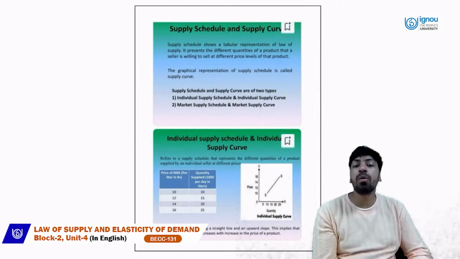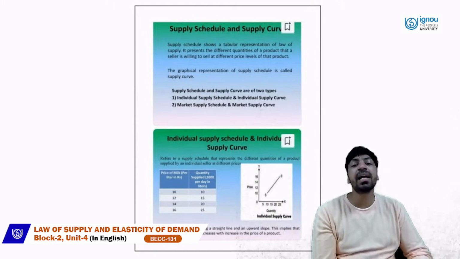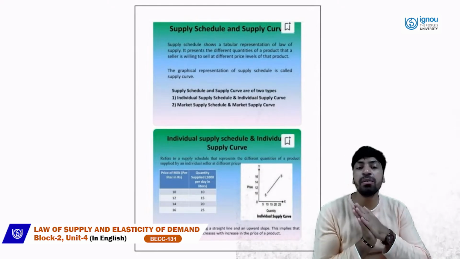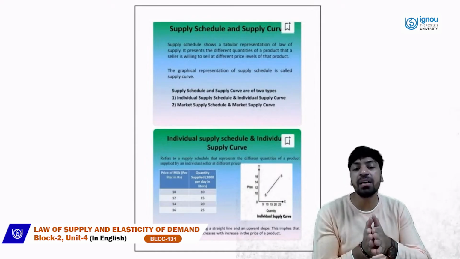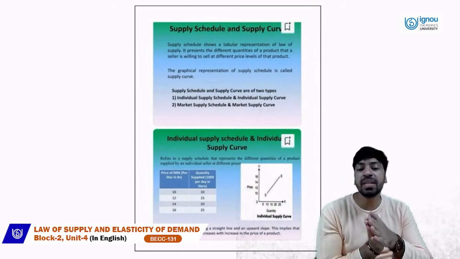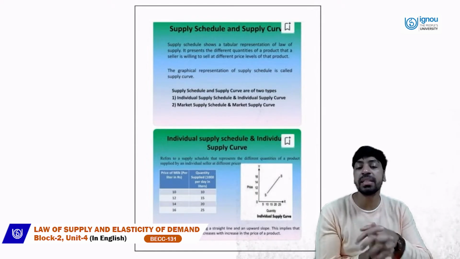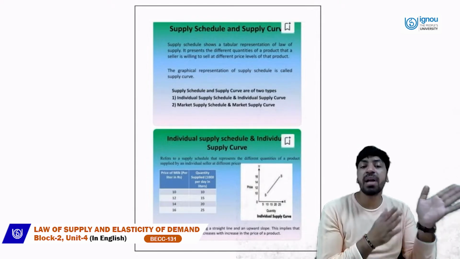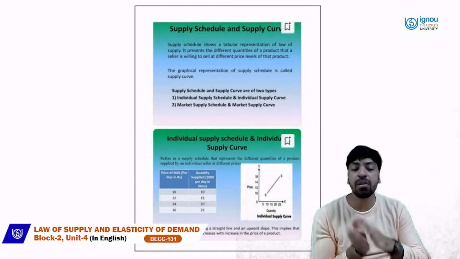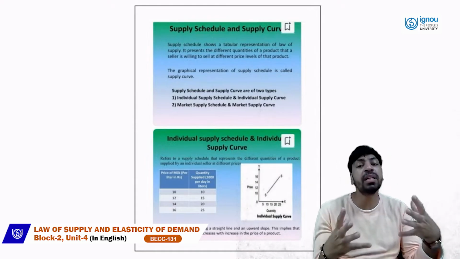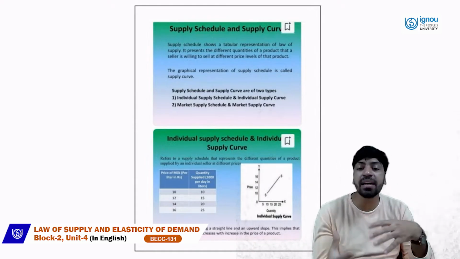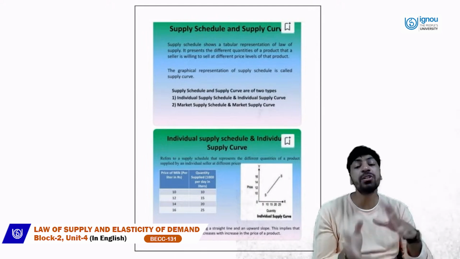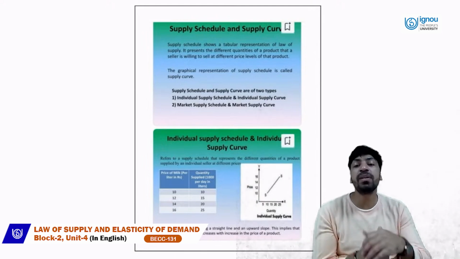The quantity supplied per day in liters is 10, 15, 20 and 25. So the price goes up and the quantity also goes up. That means there is a positive relationship between the price and the quantity supplied, so the shape of the supply curve would be upward sloping.